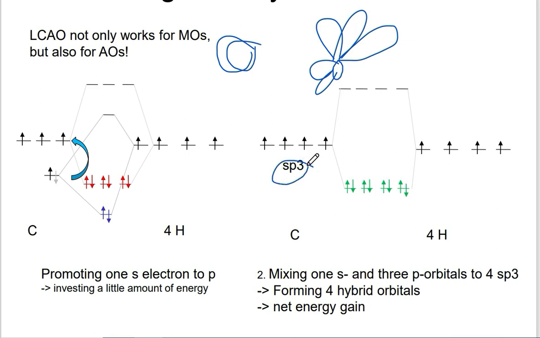And we have 4 of them, because we no longer have 1s plus 3p, we have 4 equal sp3. So instead of having the s sphere alone and the p orbital alone for the carbon, now the carbon has 4 sp3 hybrid orbitals, which are equal.